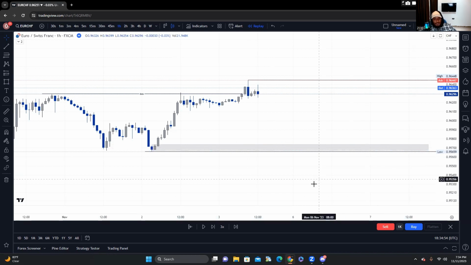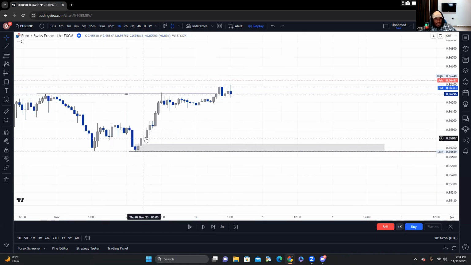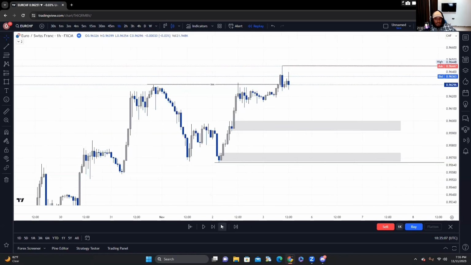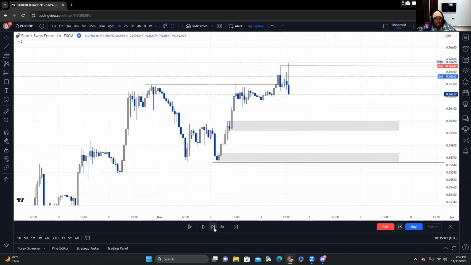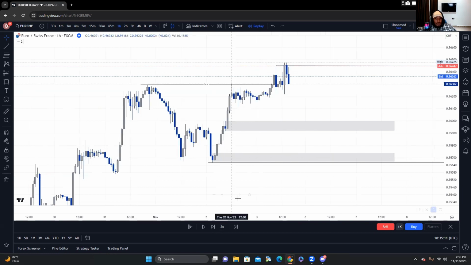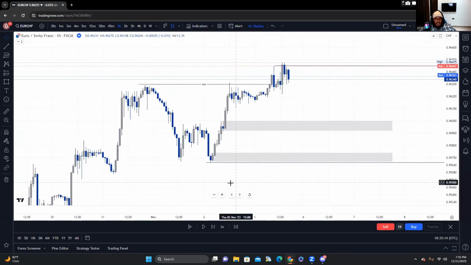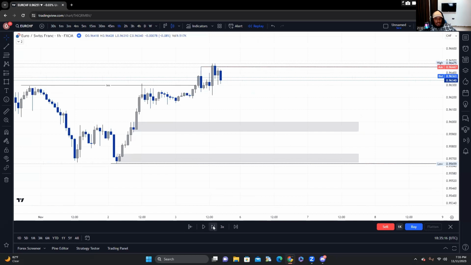Our first OB. Then I also like this level right here. So what do we do now? Let's keep playing this. So we're expecting that price will come here or here and then tap into it and continue pushing to the upside.